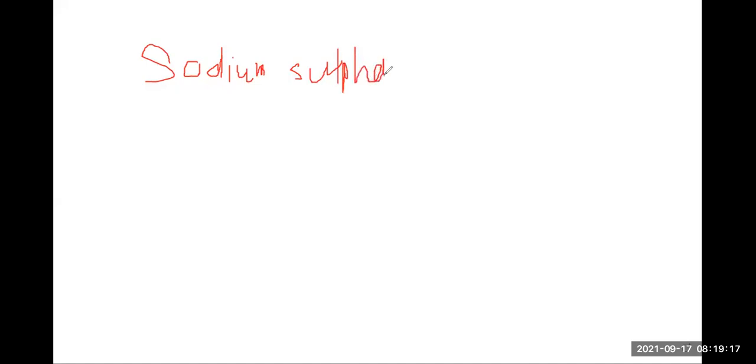Sodium sulfate. What is the symbol of sodium? Na, and for sulfate you should know it's SO4. Now write the symbols of the radicals: sodium Na, sulfate SO4. Then valency.